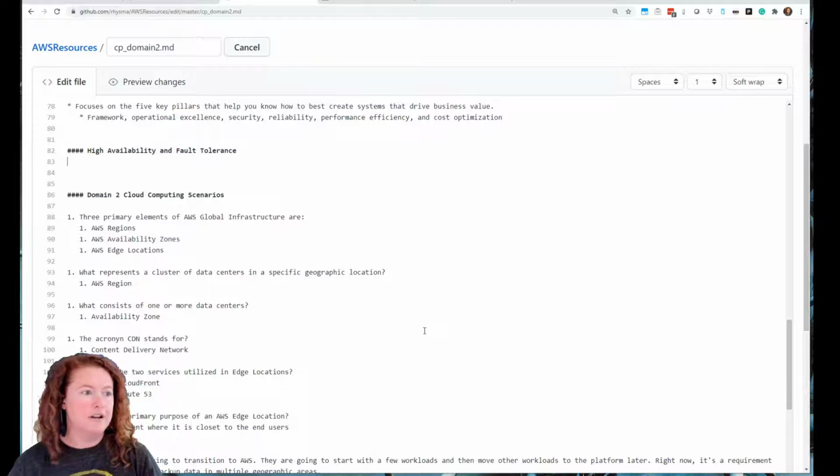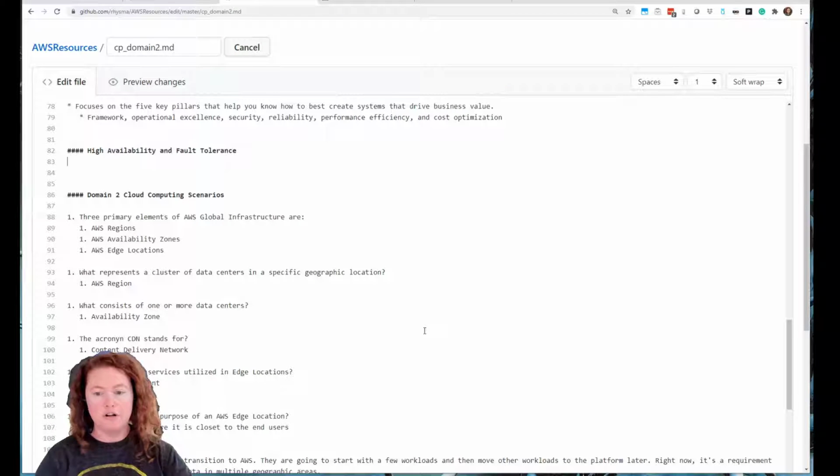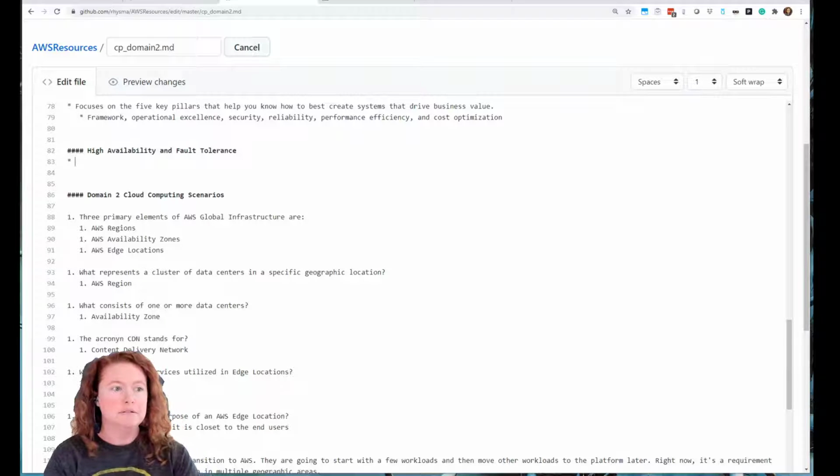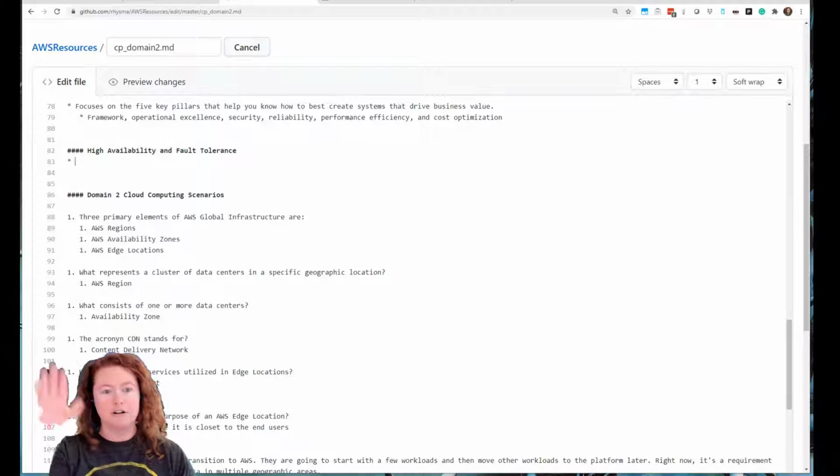Because these are our key important things that fall under our umbrella of security and compliance. They also fall under the reliability pillar of our well-architected framework, so that's just important to note. Really the key quote we could say is our guiding star, our North Star, as we look at the concept of high availability and fault tolerance.